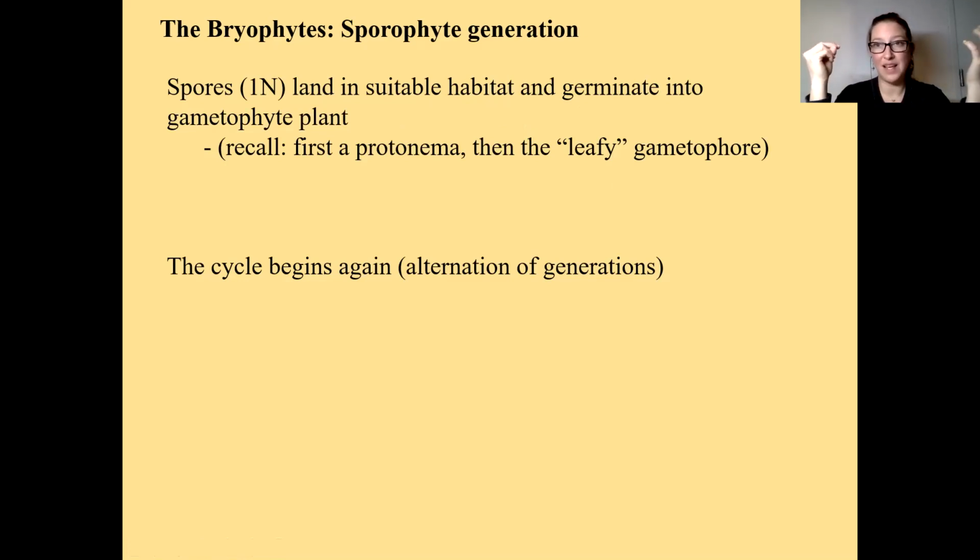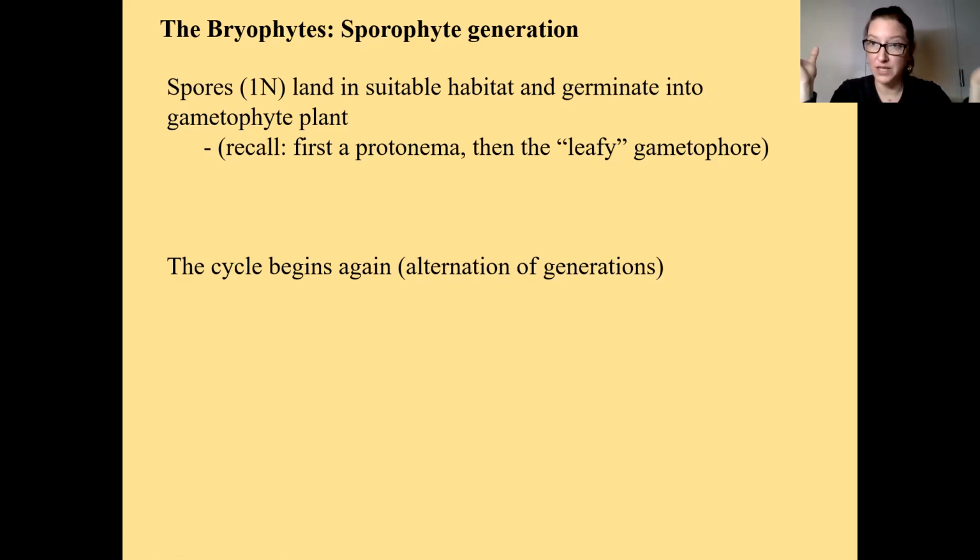So the gametophyte plant has on it the sex organs that make egg and sperm, which eventually fuse and turn into a 2N zygote. The 2N zygote grows into a sporophyte plant that has different parts. That's a quick way to have the whole alternation of generations happen. The sporophyte plant makes more spores.